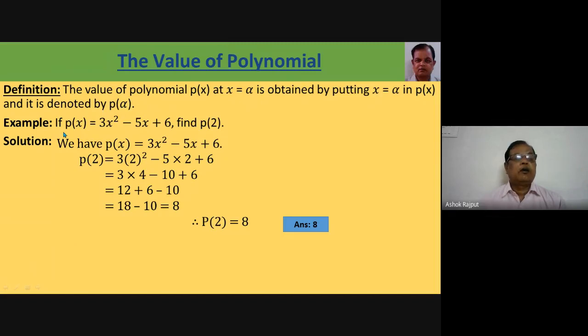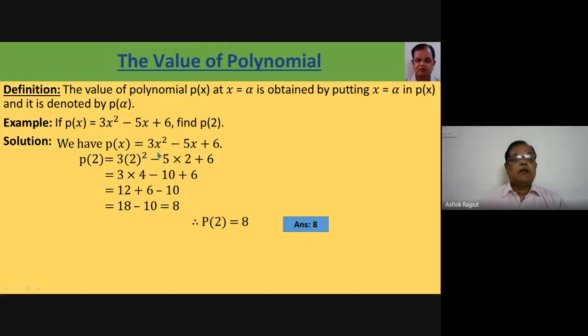For example, if p(x) is 3x square minus 5x plus 6, then we want to find p(2). Here we have p(x) equal to 3x square minus 5x plus 6, then p(2) will be 3 into 2 square minus 5 into 2 plus 6.